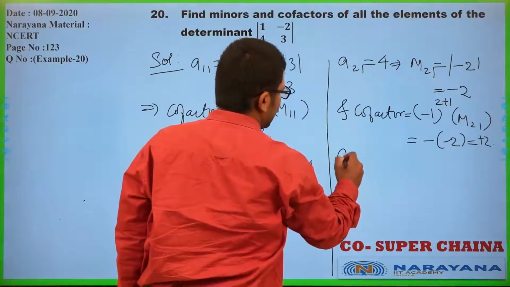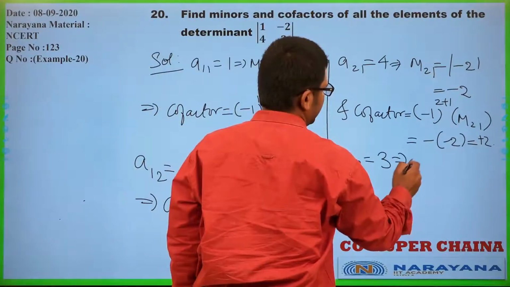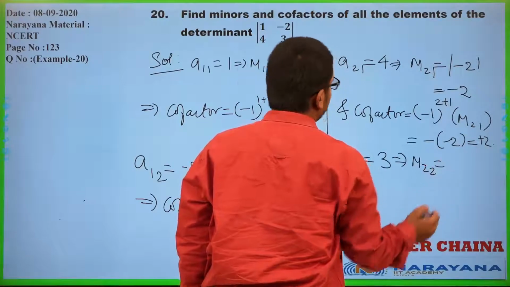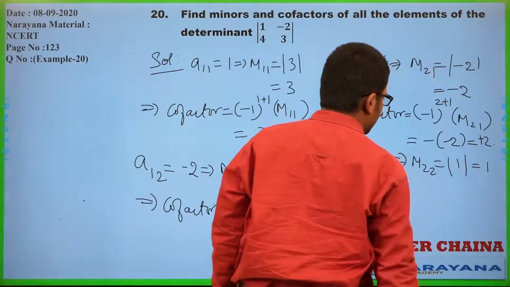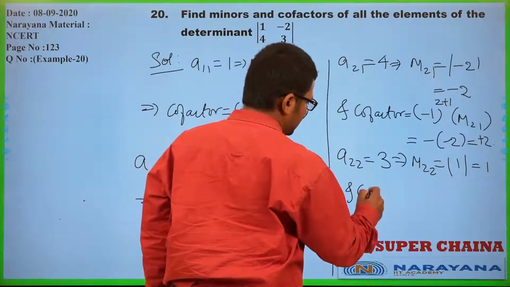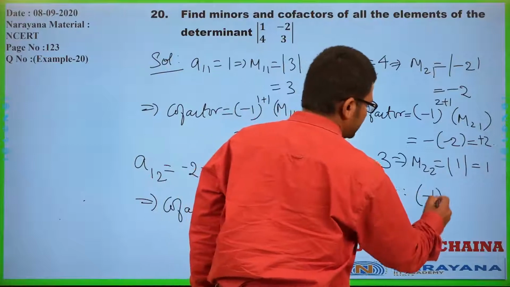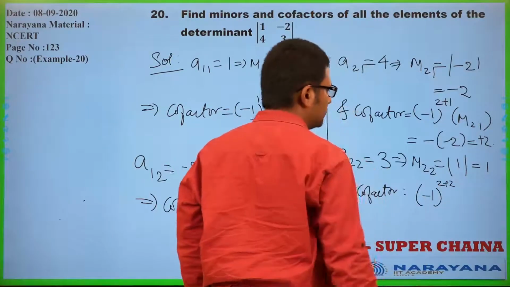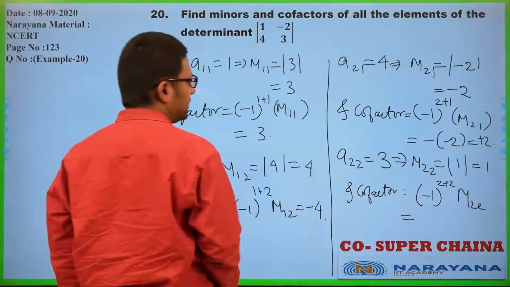Then A22 is the element 3, which means M22 is the element opposite 3, which is 1, right? And cofactor would be -1 raised to 2 plus 2 into M22.